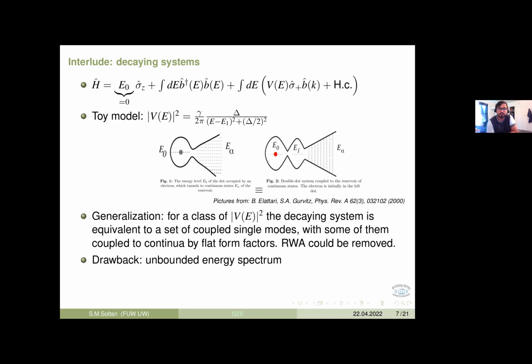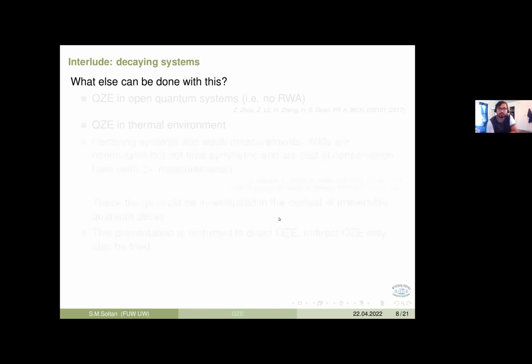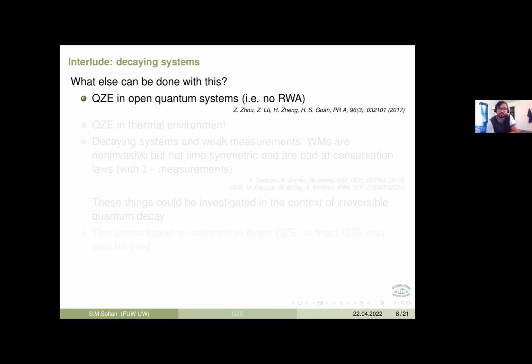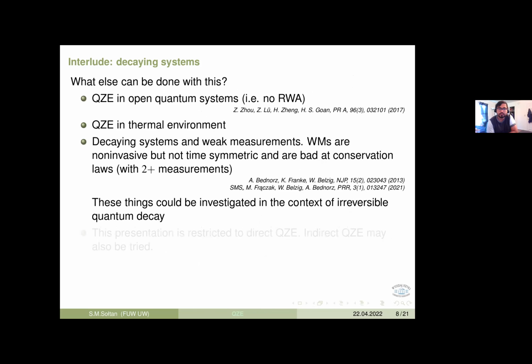At some stage, I was able to nicely fit some peaks in some form factors with Lorentzians. In this manner, it seems that one is able to take some more physical spectrum and translate it into such a simplified form, of course, with some approximations. I'm not sure if it answers your question.